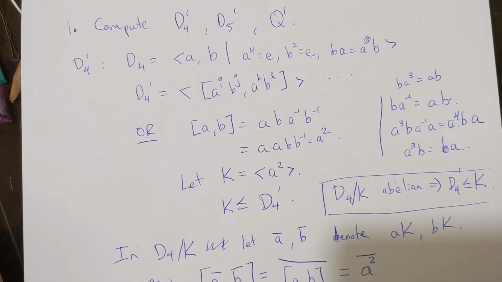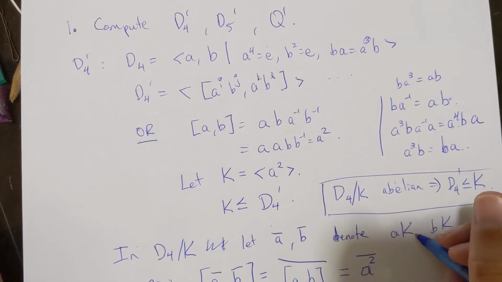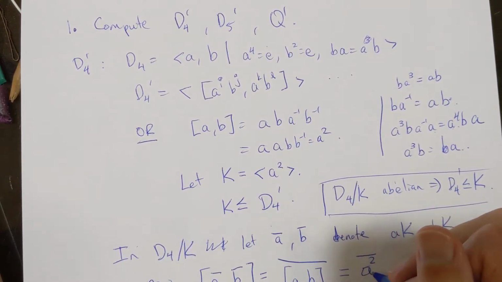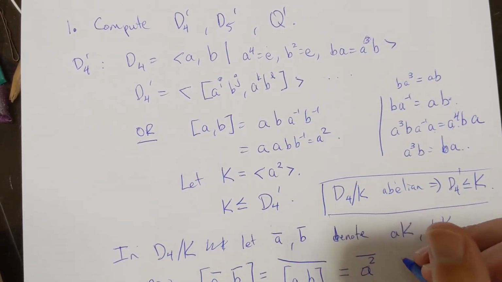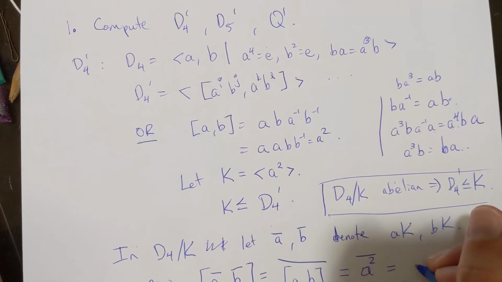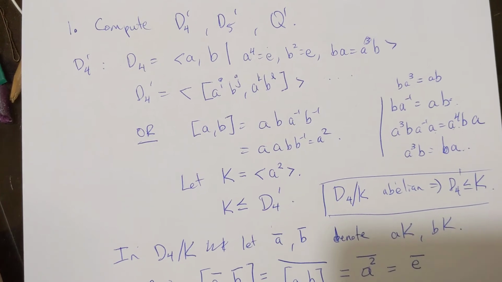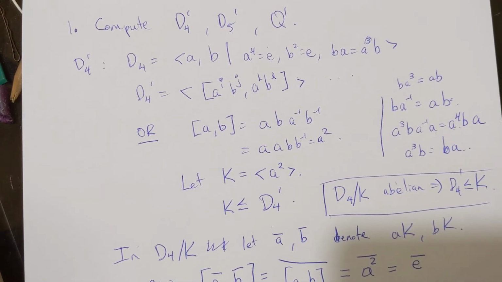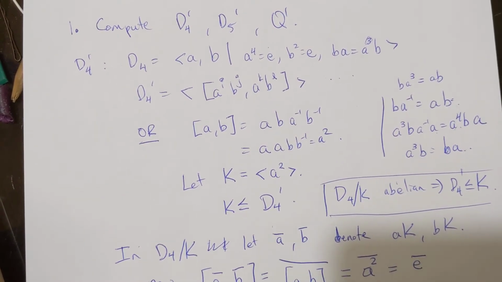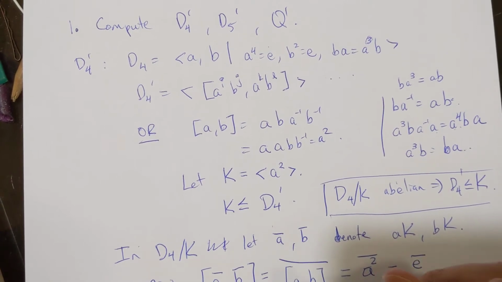Okay. But A squared is in K, so the commutator of A bar and B bar is just the identity of D4 mod K. We'll call that E bar, right? So let me just write it aside here. What is the bar?